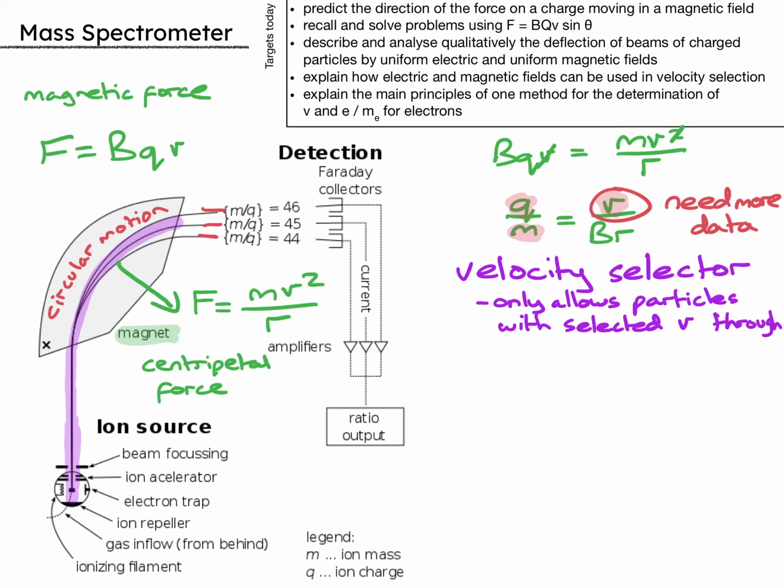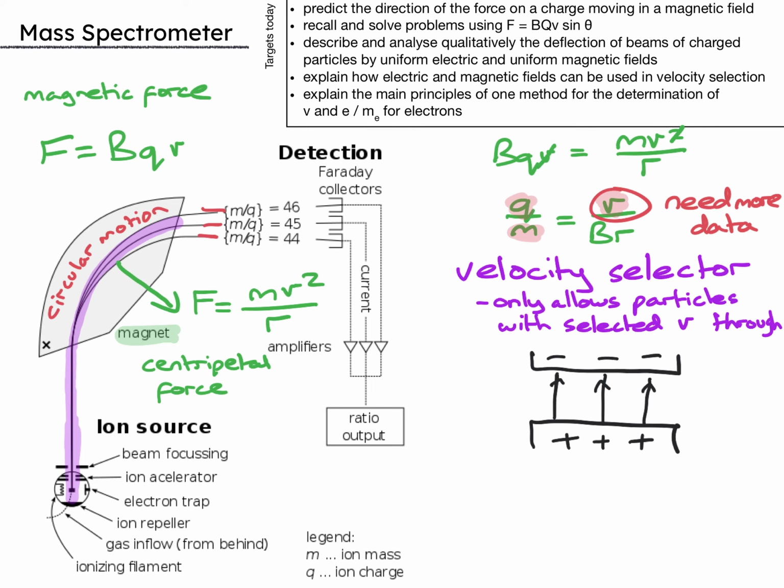It works by using magnetic and electric fields with opposing forces. In this diagram, I have placed an electric field pointing up by placing a positive plate at the bottom.